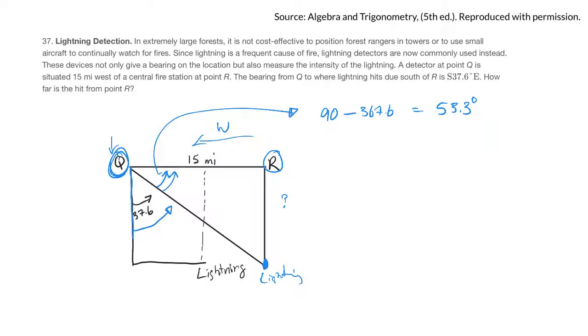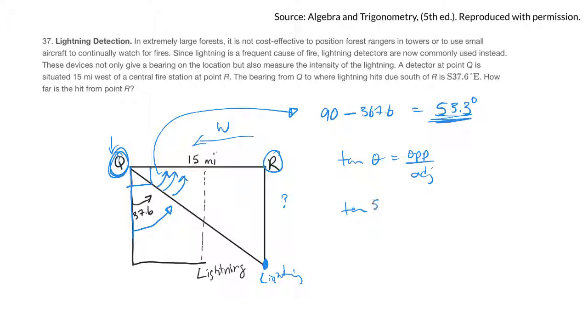If they want to know that, it's going to be opposite over adjacent, which is tangent. So the tan of an angle is equal to the opposite side, which I don't know, over the adjacent side. Okay, tan. Oh, I don't know this angle yet. Oh, but I do know if this is 90. Oh, no, I did figure it out. That's 90, subtract 37.6, get that.